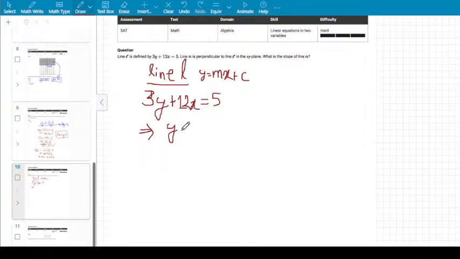So we'll have y is equal to 5 minus 12x divided by 3, which is, you can divide minus 3 and 12 and you'll get minus 4x plus 5 by 3.